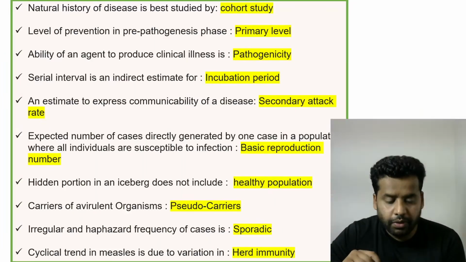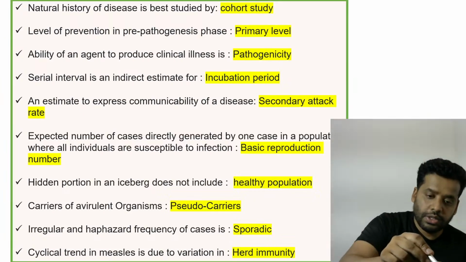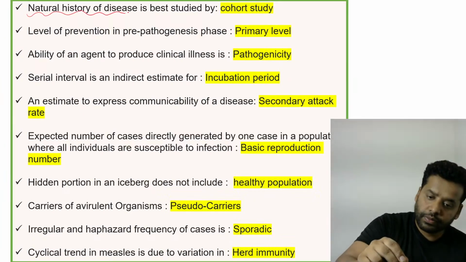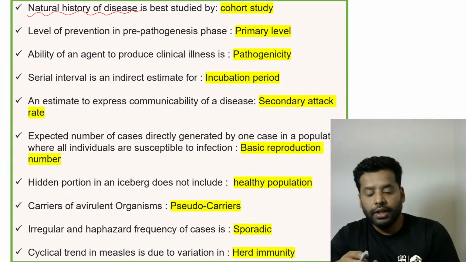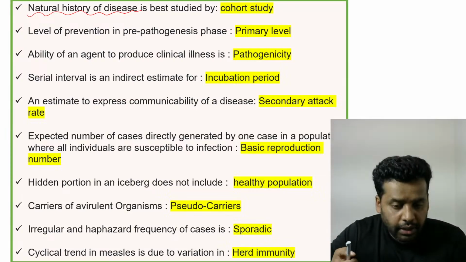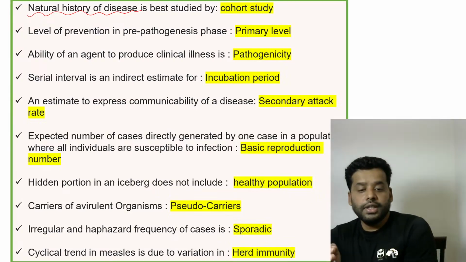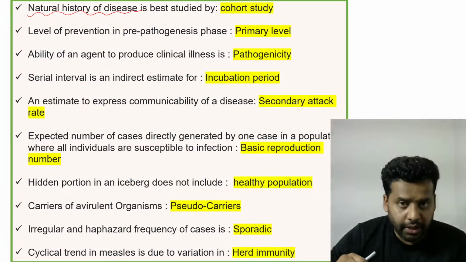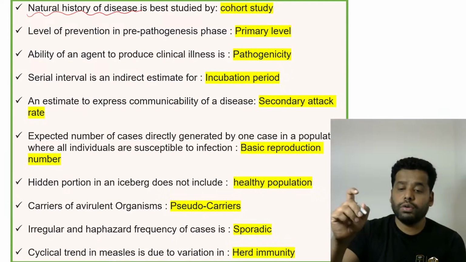First and foremost point is natural history of disease. What is natural history of disease? How disease will progress. Starting from risk factor. Then you go to disease. After disease, you check for complications, how they die. The whole sequence where you are going in a forward direction.